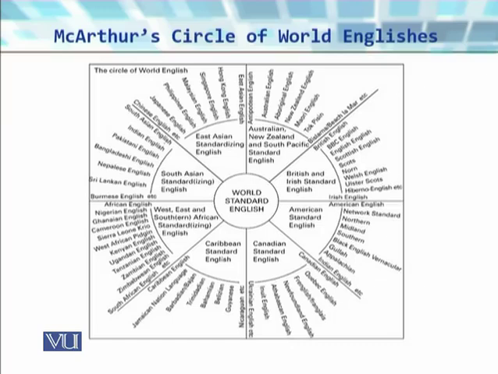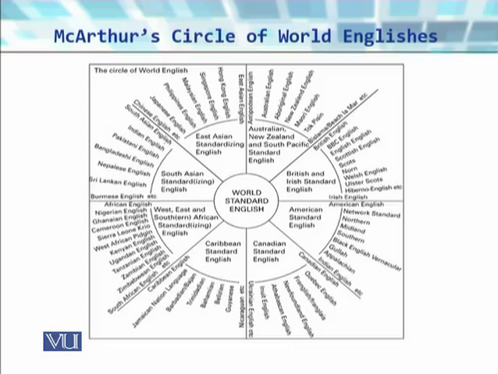For example, in case of South Asian Englishes, Indian English will be very different from Sri Lankan English because we have Indian English closer to South Asian English division, which is next to the spoke.